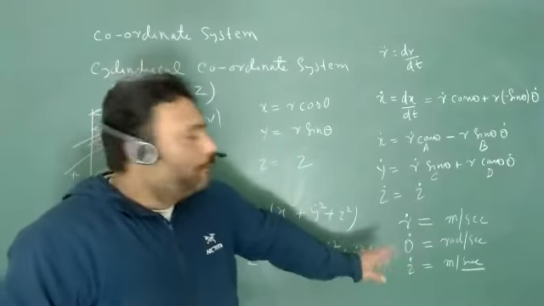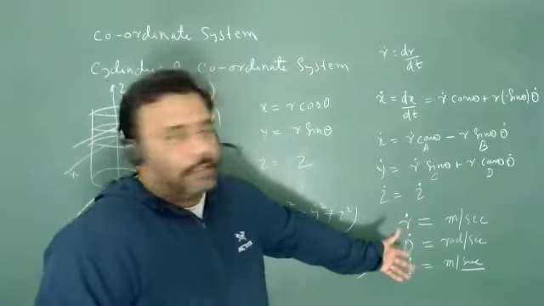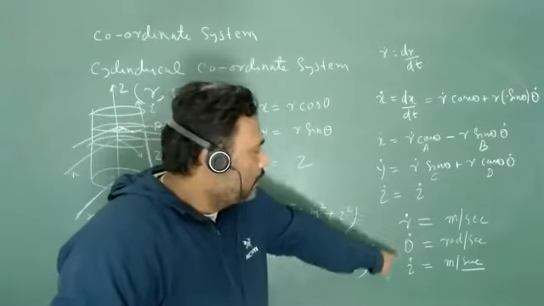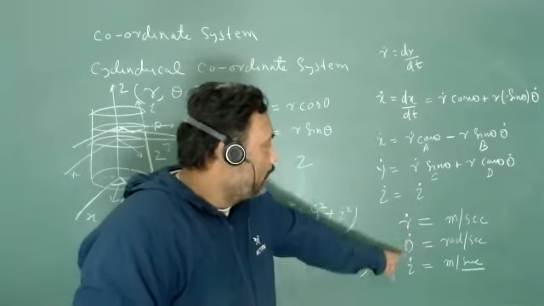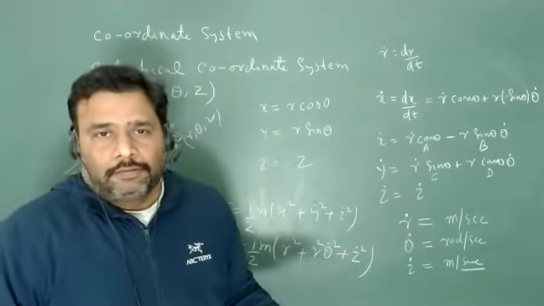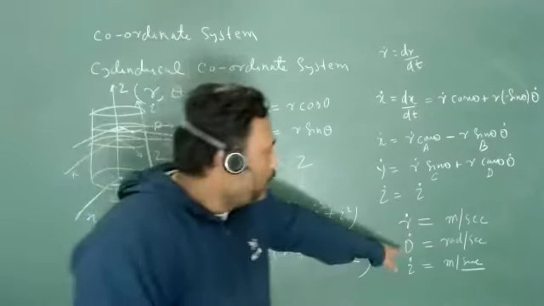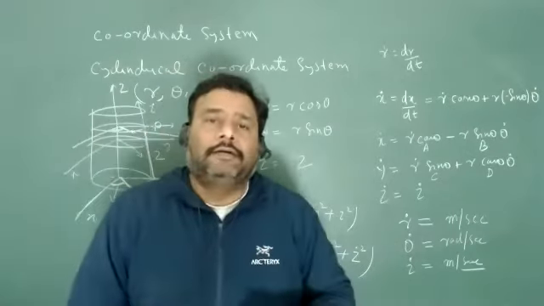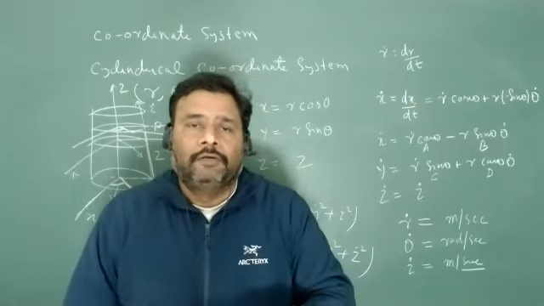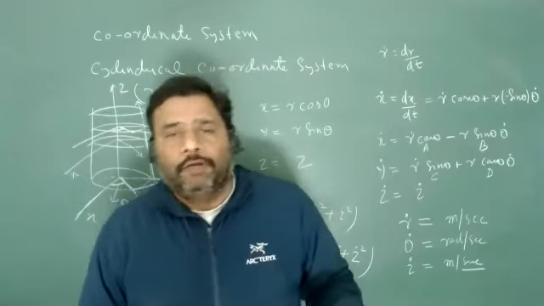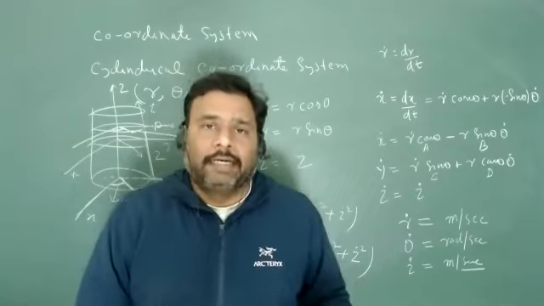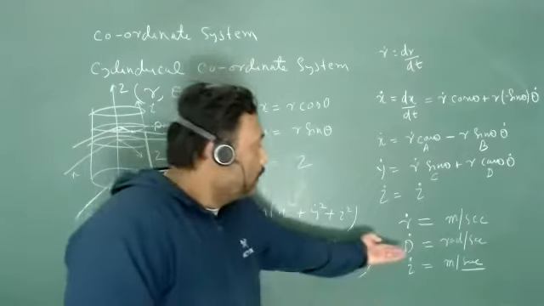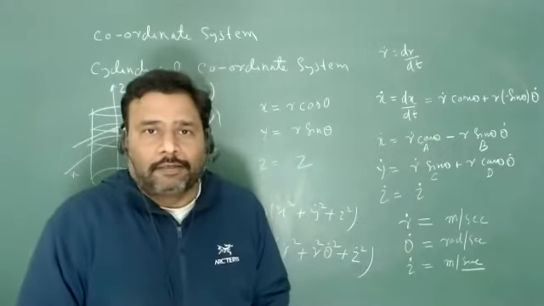But here, if we change our coordinate system, then we have seen that the dimensions of r dot and theta dot are different. And this theta dot will tell you all about the angular symmetry. When something is rotating in some plane, this theta dot will help you understand that kind of symmetry. And you will see that angular momentum is associated with this theta dot.